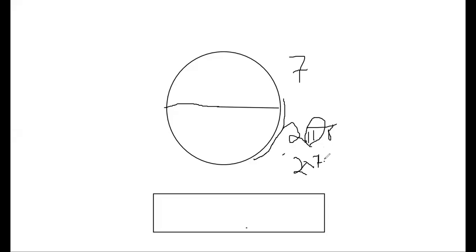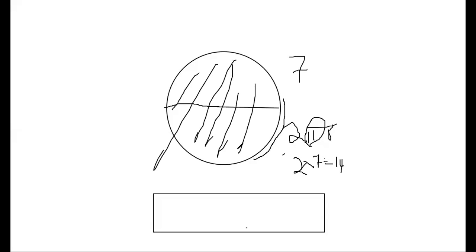14. You're getting 14. But to find the area of this circle, you don't have to multiply the radius by 2, but you have to multiply the radius by itself, because you'll be working inside this circle, which is this area, and not this area.